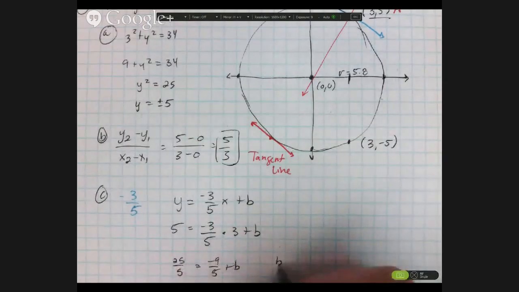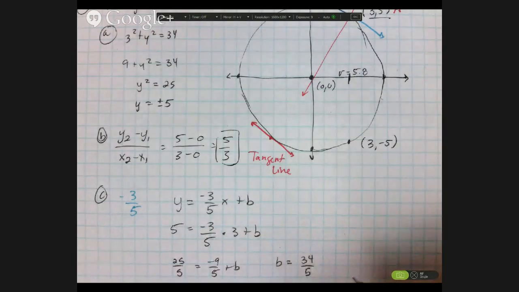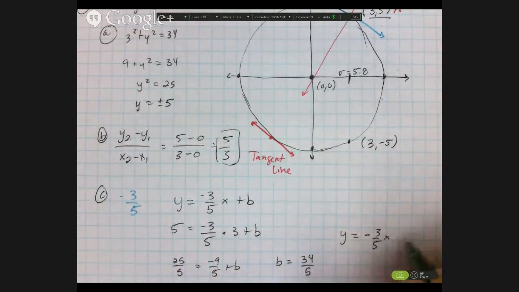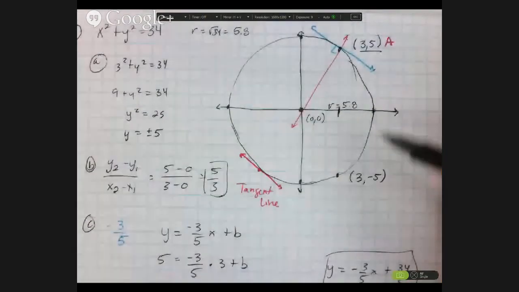We get b is equal to 34/5. So y equals negative 3/5 x plus 34/5. That is the equation of the tangent line to A.